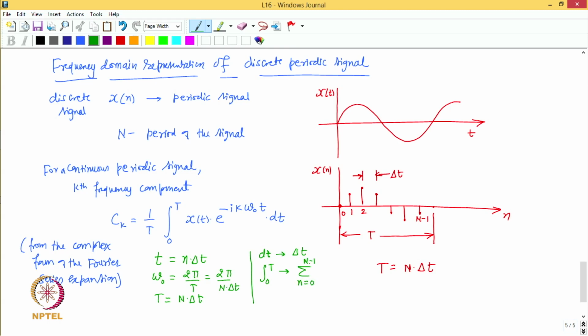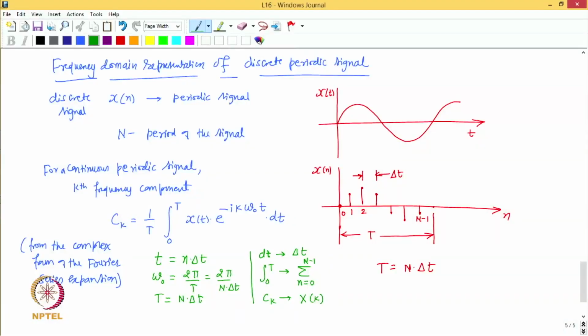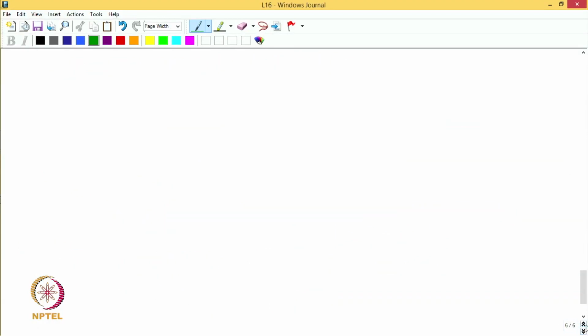And let us also represent the coefficient C_k by a new symbol, capital X_k. Since small x is used to represent a discrete signal in the time domain, we use capital X to represent the signal in the frequency domain.